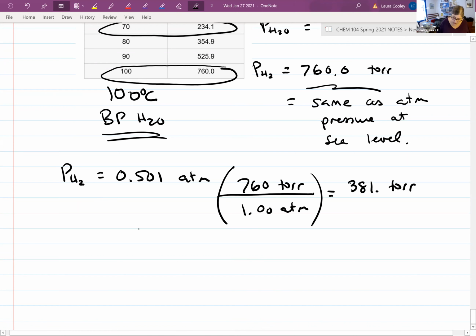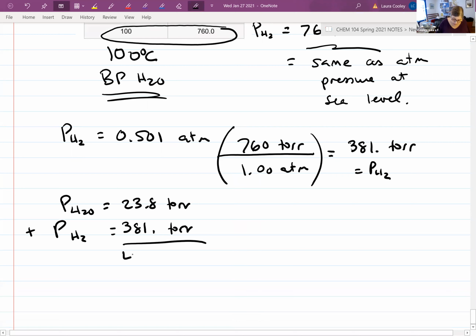So that's pH2, and pH2O is 23.8. Add that to pH2, and the sum is 405 torr.